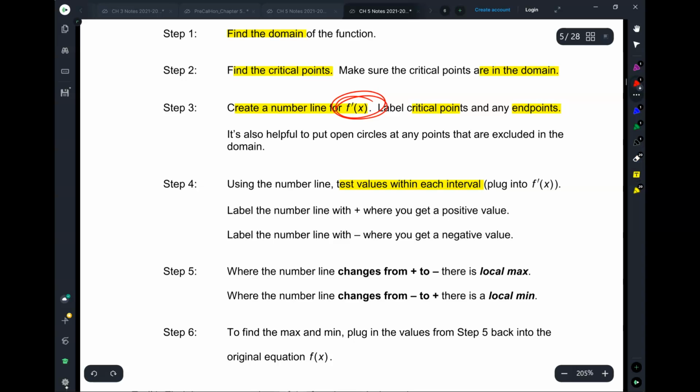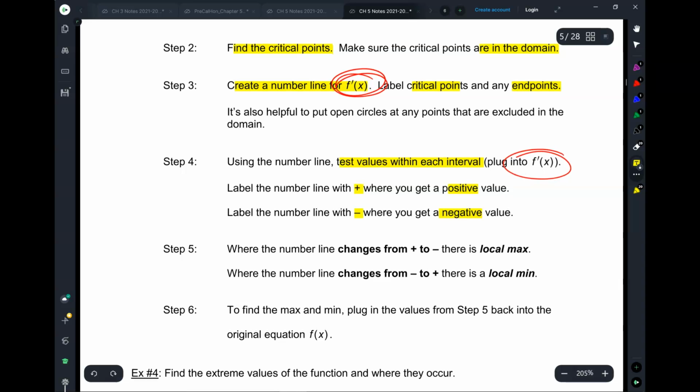What you have to be careful of is you have to plug it into f prime of x. These are, I'm circling them in the same color for a reason. And then you put pluses where you get a positive, minus where you get a negative, same old number line as we've done before. But what does it mean? This is for f prime. What's f prime? What's the derivative of something?